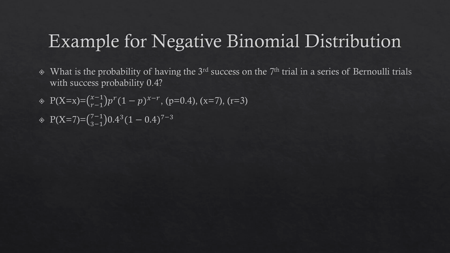Our x is going to be 7 because that's the trial that we want it to be on, and our probability is 0.4 because that's just the probability of success. So putting it into the formula, it'll give us 7 minus 1 choose 3 minus 1, multiplied by 0.4 to the power of 3, and then multiplied by 1 minus 0.4 to the power of 7 minus 3.